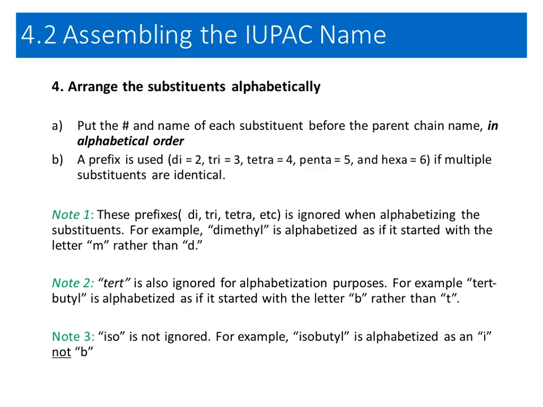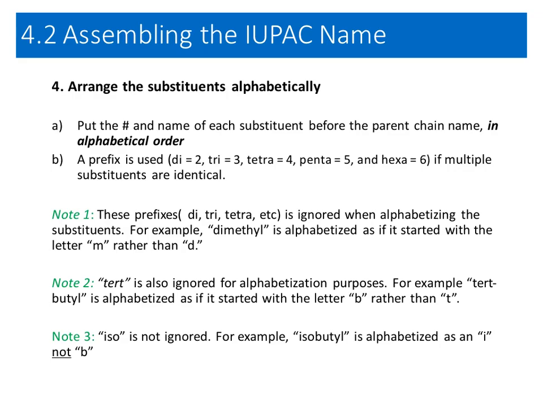So there are 3 notes here. While alphabetizing the substituents, we need to ignore these prefixes such as di, tri, tetra. For example, if you have dimethyl, meaning that you have 2 methyls connected to the parent chain, you need to alphabetize that as if it starts with the letter M rather than D.